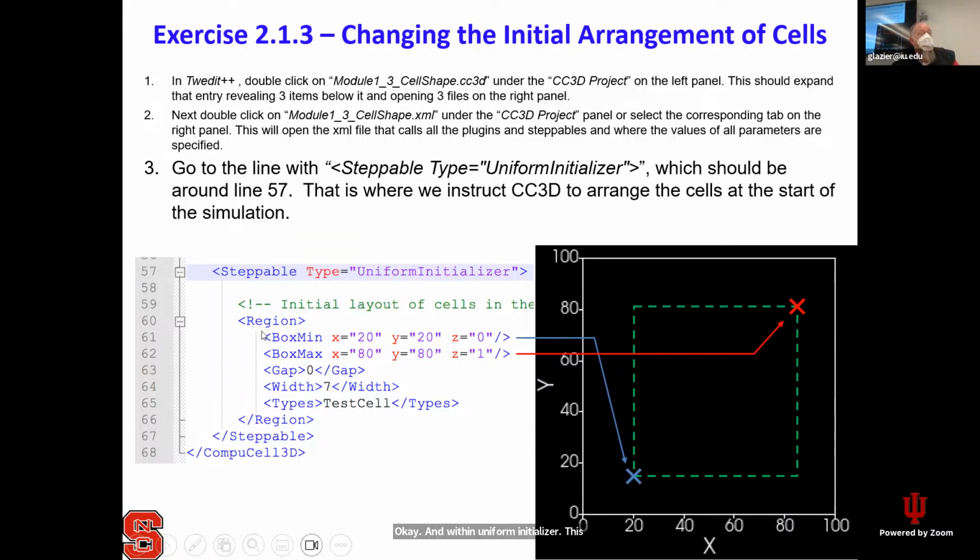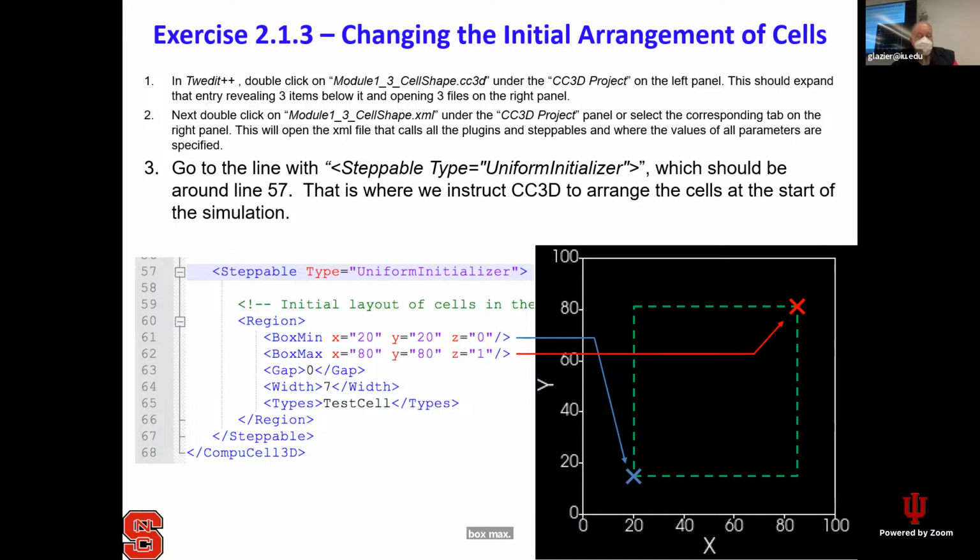It'll say region, box min, box max, gap, width, cell type, and region. And basically what this does is it draws a square where the bottom left-hand corner of the square is defined by box min x comma y, possibly z, and the top right is defined by box max.